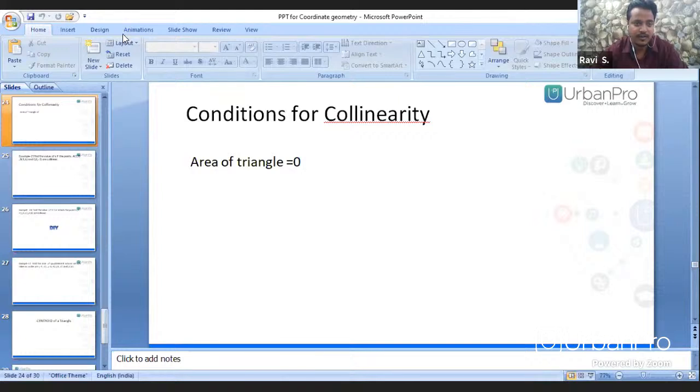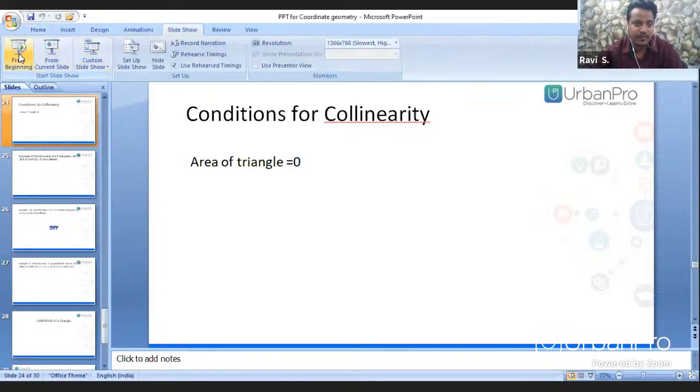Just a second, I will put it in slideshow mode. Yes, slideshow from the very beginning.